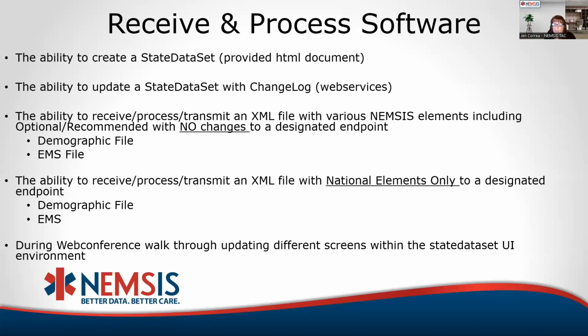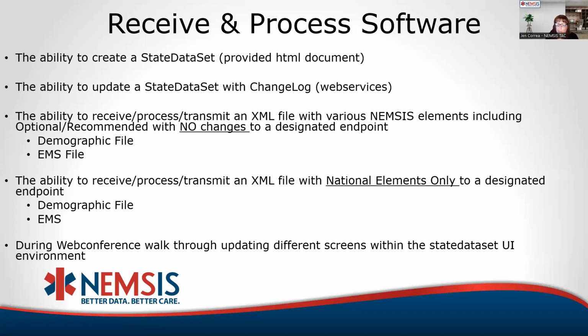We do ask that they use optional and recommended as well, and they have no changes to a designated endpoint, right? So what that means is that when you submit a file from your collect and send software to the receive and process vendor, they are able to transmit that record without any change whatsoever. That's the first thing they're tested on.